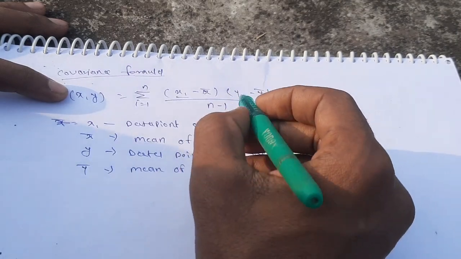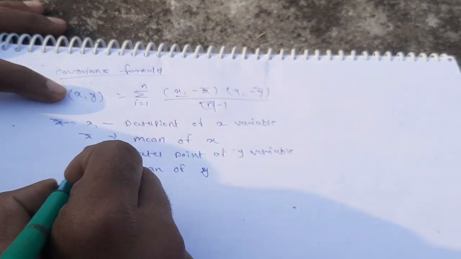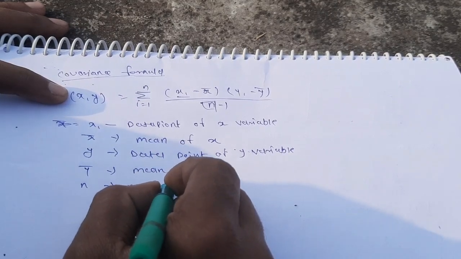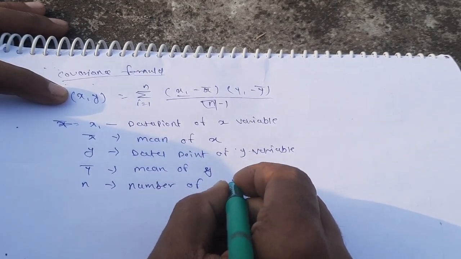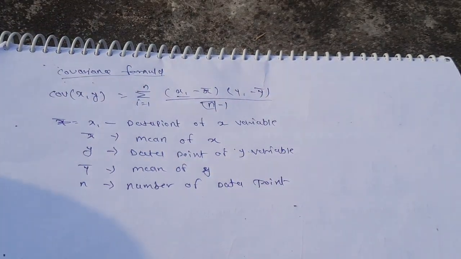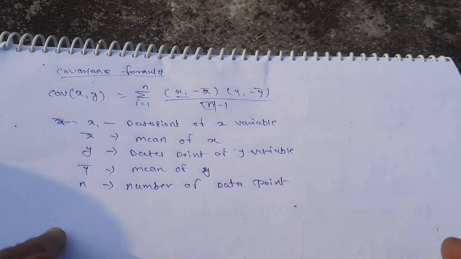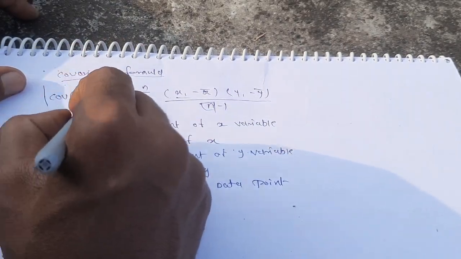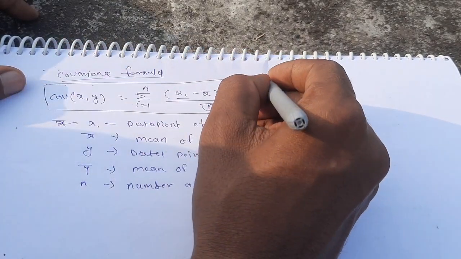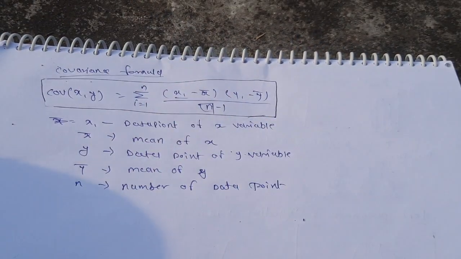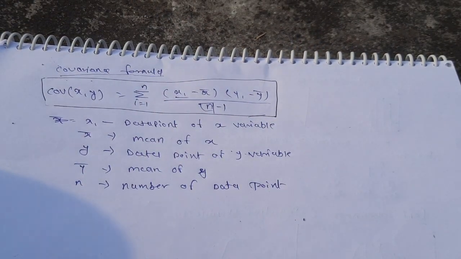And n is the number of data points. This is the formula to calculate the covariance.